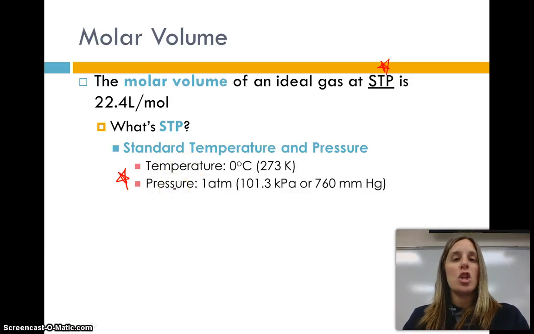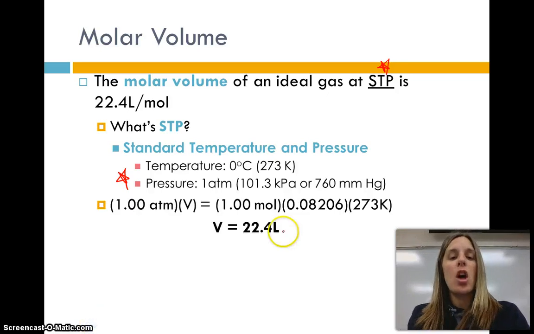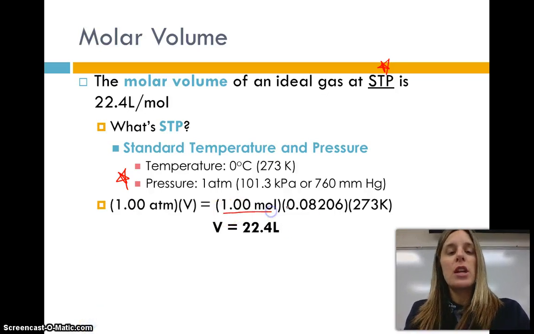What researchers realized as they were working with different ideal gases in the ideal gas law is that any time they put 1 mole of gas into a container at 0 degrees Celsius and 1 atmosphere of pressure, the volume always came out to 22.4 liters. It did not matter what gas was present, because in the ideal gas law all we put into the equation is how many moles we have of that gas.